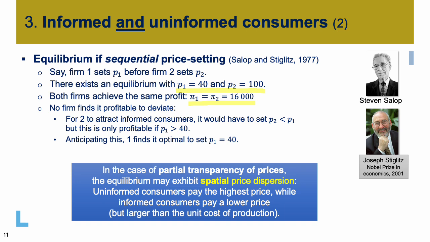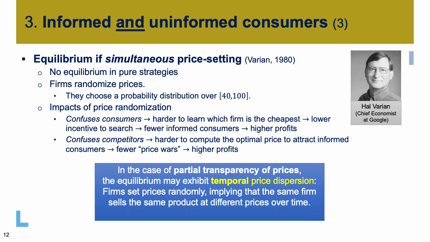Okay. Now, if we come back to the assumption that prices are set at exactly the same time, so simultaneously, then the two forces, going down the steps and up the elevator, are never really balanced. It's as if the two firms were chasing one another all the time and changing their prices all the time.